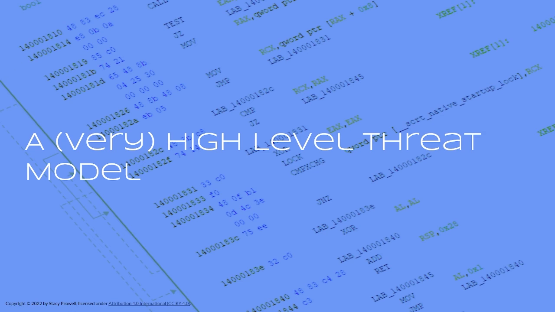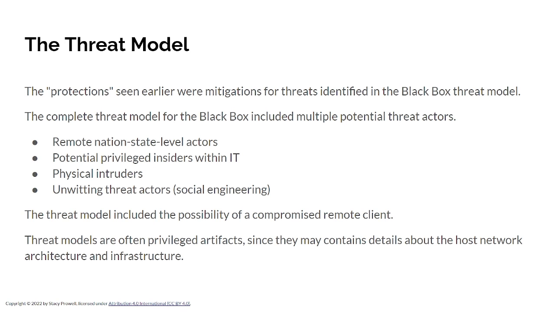So, okay, a very high-level threat model. The protections we saw earlier came from trying to mitigate threats we identified in the threat model. And the threat model for black box included nation-state actors, privileged insiders within IT, physical intruders into the building, and unwitting threat actors through social engineering.